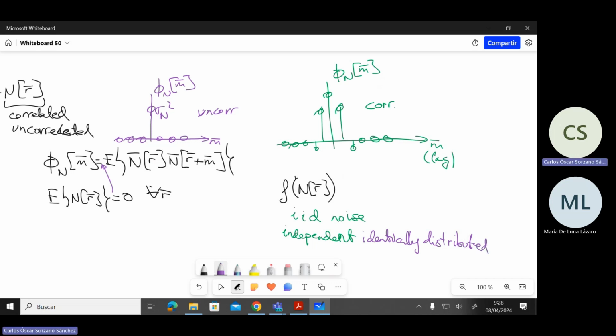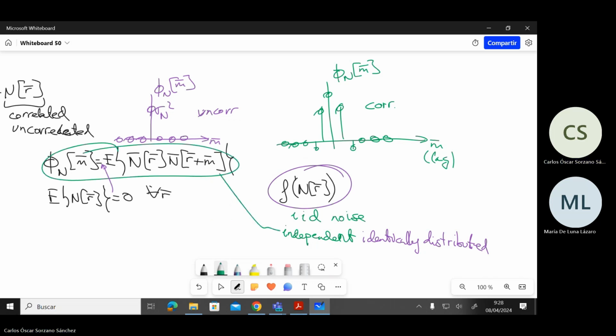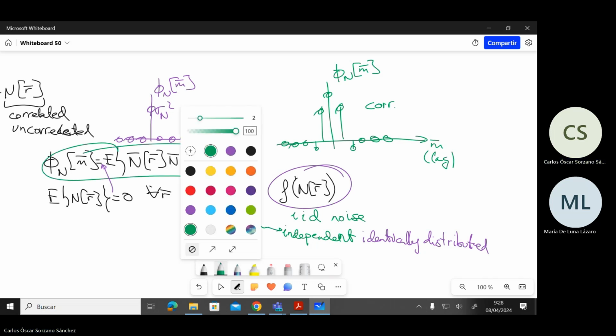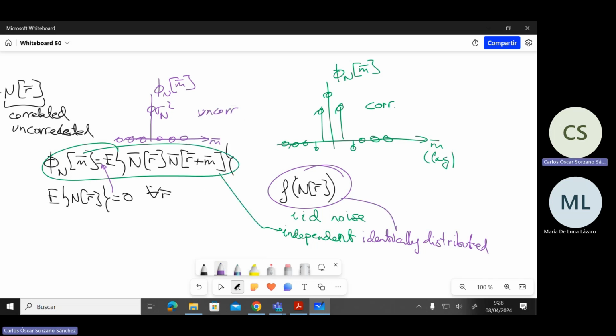Identically distributed refers to how a single point is distributed, for example Gaussian, salt and pepper, uniform.